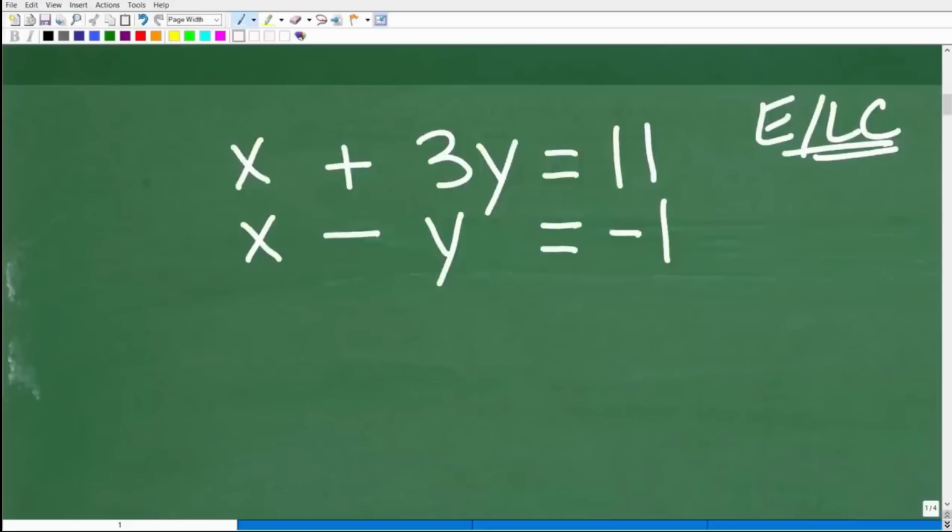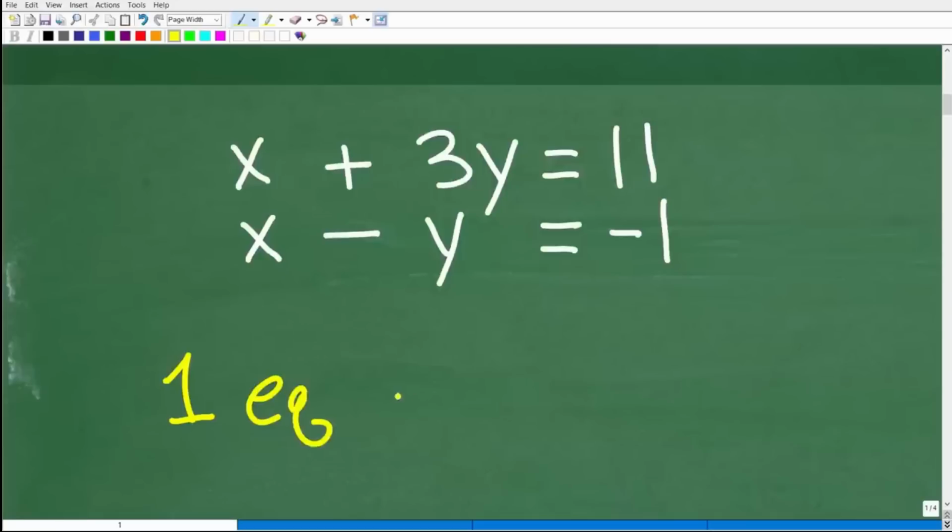Now, let me show you the setup for the substitution method. What we want to do in both methods is get rid of one variable. Here we have two variables, and the goal is to get one equation with one variable.